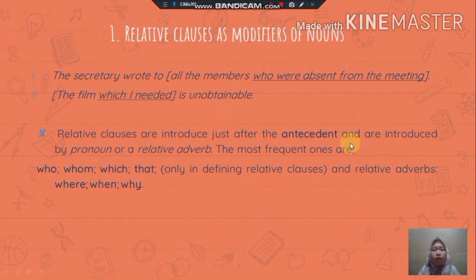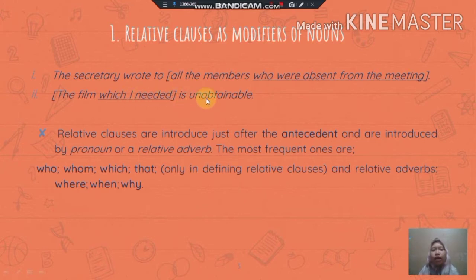One: relative clauses as modifiers of nouns. Look at the examples here. The secretary wrote to all the members who were absent from the meeting. And the second is: the film which I needed is unobtainable.